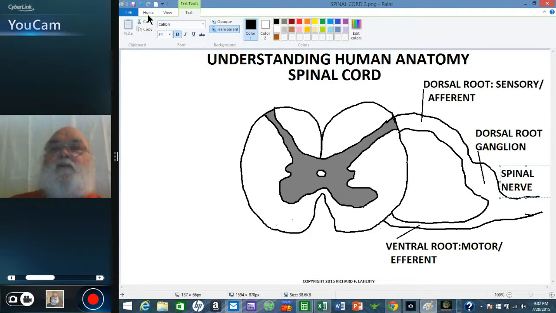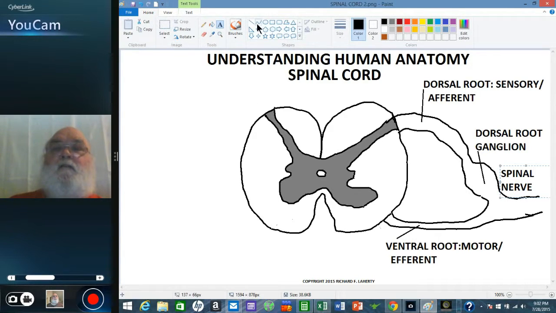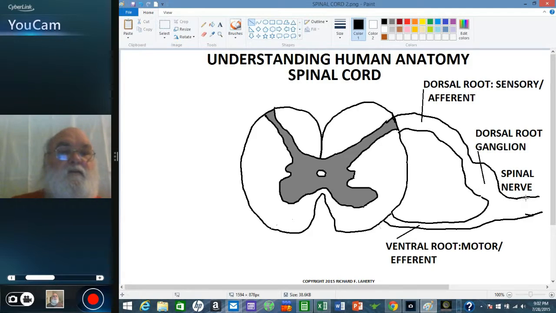And that spinal nerve will exit through the intervertebral foramen. Now, let me draw in the roots and nerve on the other side of the cord.